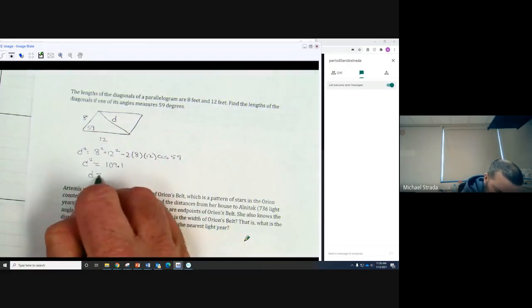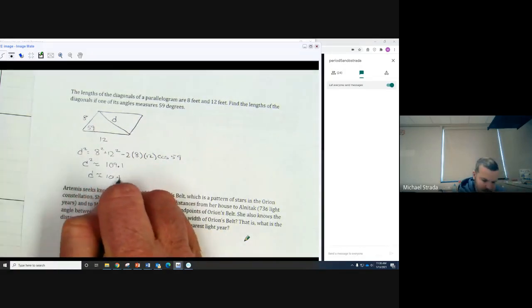Yep, 109.1. Yep. All right, and then we do the square root of that. So the square root of 109.1 gives us a diagonal of approximately 10.4.